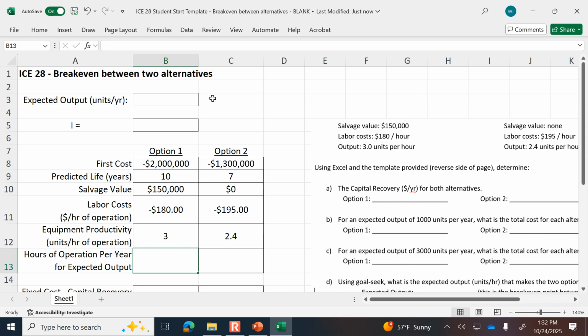Just starting with the assumption of 1,000 units, and the problem statement said that we've got a MARR of 9%.